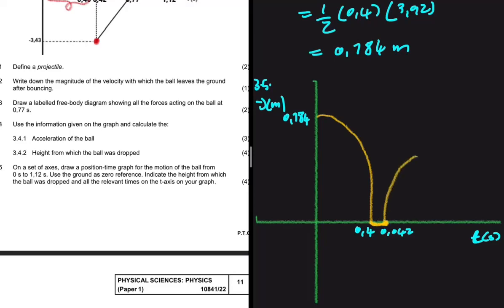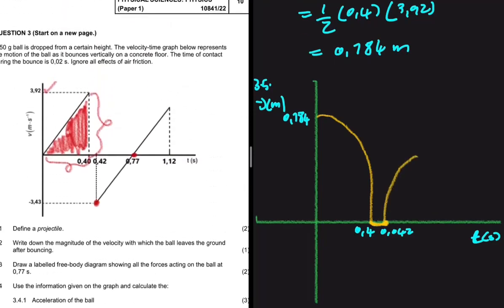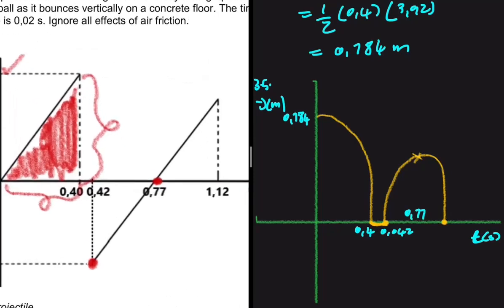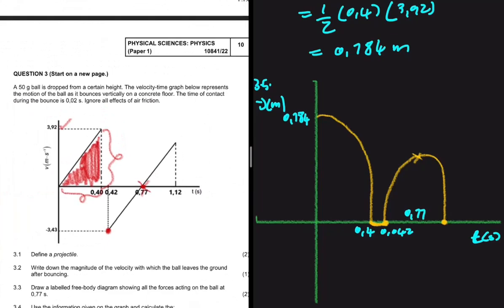Obviously, it reaches another maximum height. We can see that from our velocity time graph, right? It reaches another maximum height, and then it goes down to strike the ground again. So there at the maximum height, we have a time which is 0.77 seconds. Here it is, right here. And then the entire time for the motion is 1.12 seconds. I think we've indicated all that we needed to indicate.